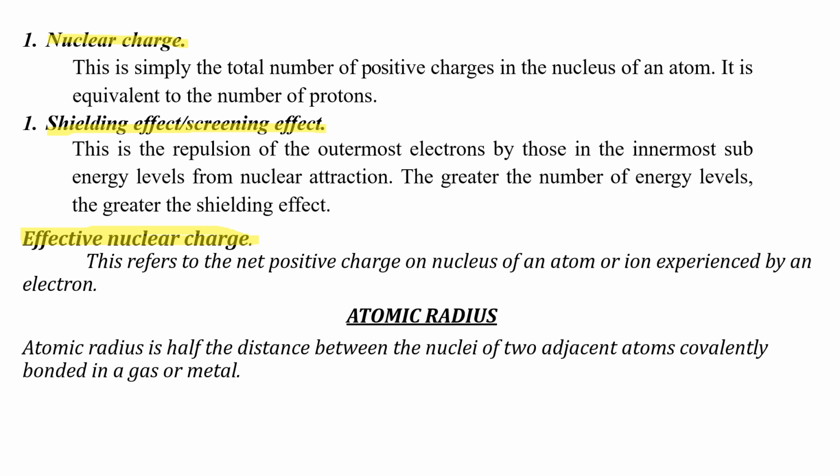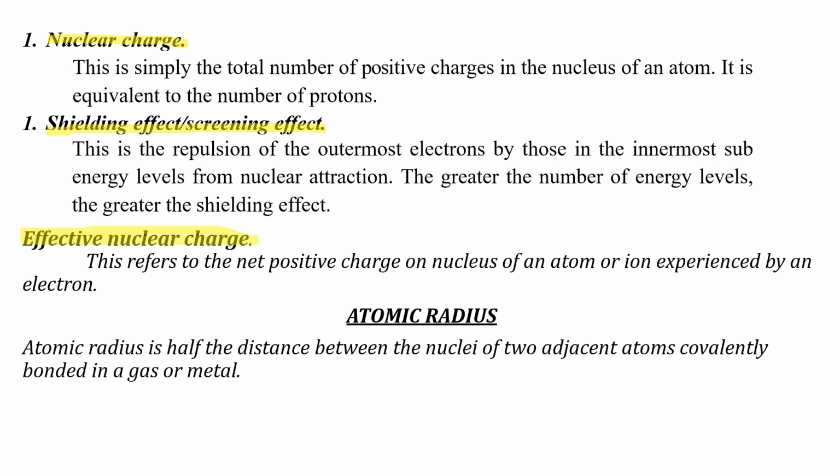And if effective nuclear charge experiences a decrease, the outermost electrons are going to be less attracted to the nucleus. So the atomic radius of the atom will have an increment.